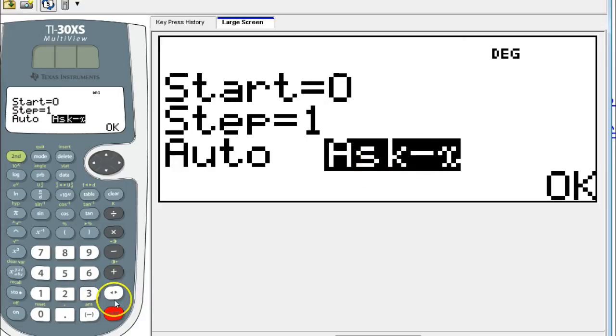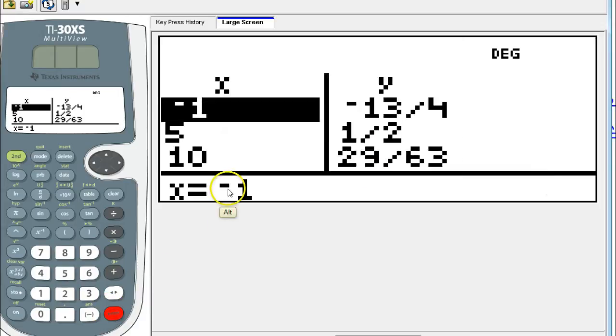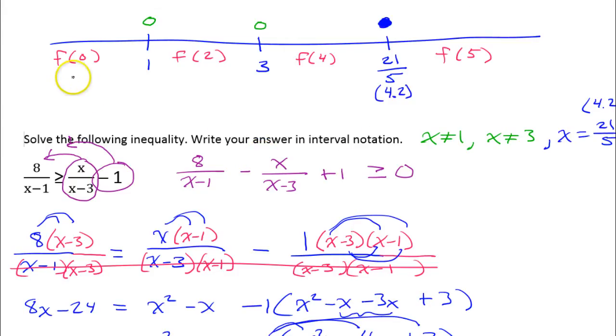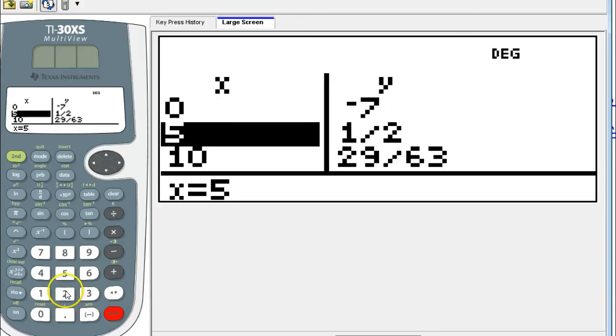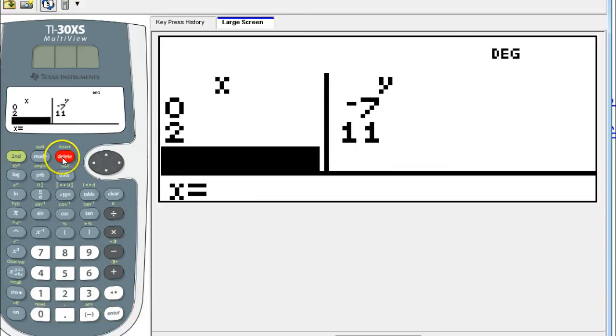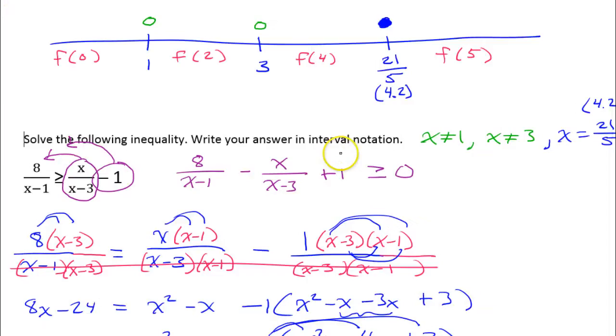Make sure you're in Ask X mode. Okay, and the values that we want to test are 0 and 2. I'm just going to do those first. So 0 and 2. So far I've got -7 and 11.